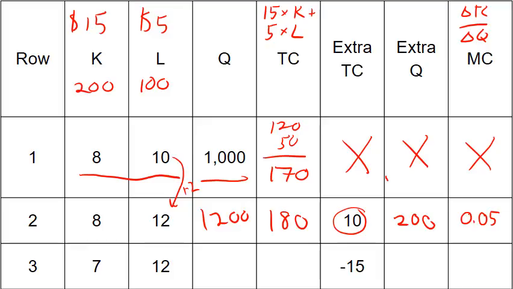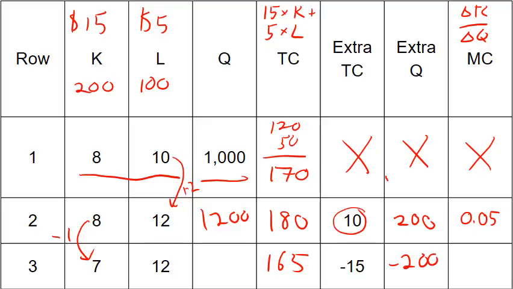Let's go from row 2 to row 3. In this pair of rows, I'm decreasing K by 1. I'm going to decrease K by 1, and now I'm going to save $15 in my cost. So my new cost is going to be $165. Since each K produces an additional 200 units of output, when I fire a K, I'm going to lose 200 units of output.